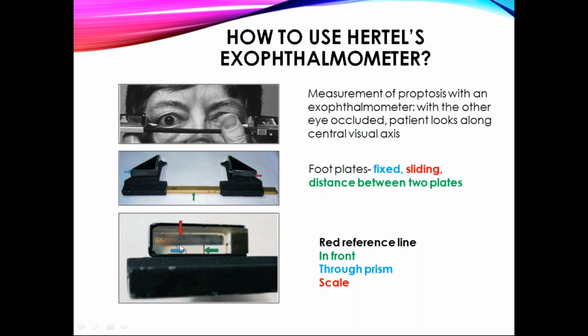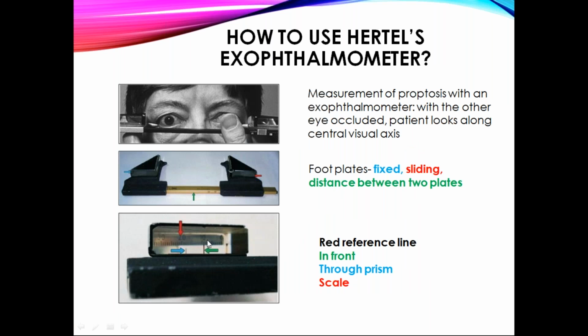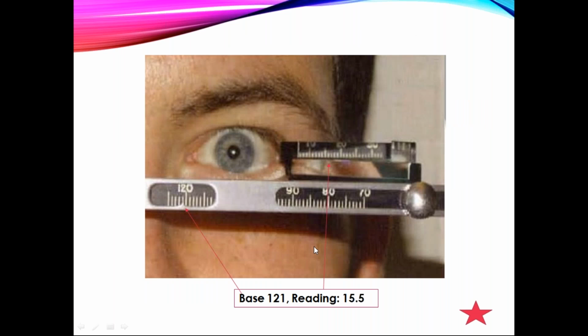And you see these readings here, like in the previous picture I showed. There is a mirror, and then these are the readings, and it will show the value of the protrusion on this scale. So that is the scale which is seen inside, and based on that you take the readings of proptosis.